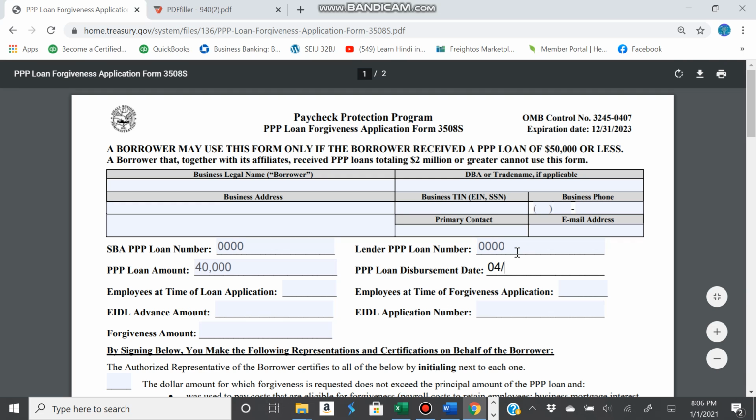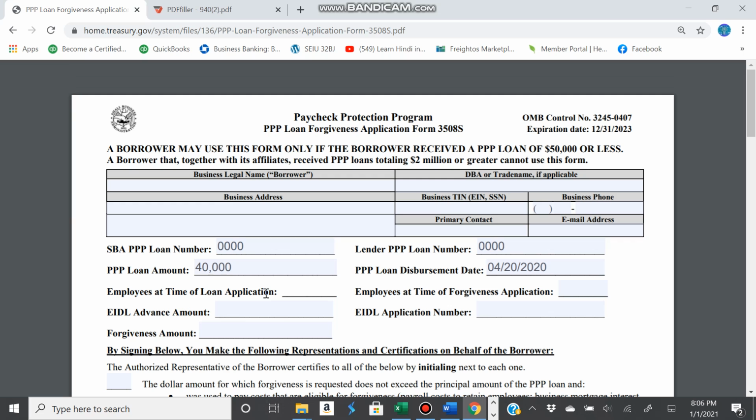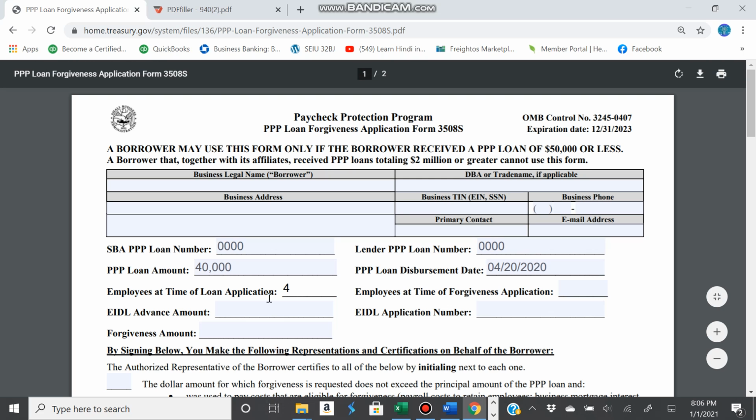We receive our loan April 20th, 2020. Employee at the time of loan application, that's a number of employee at the time of the PPP loan application. The number of employees stated on your PPP loan application, let us say, is 4.